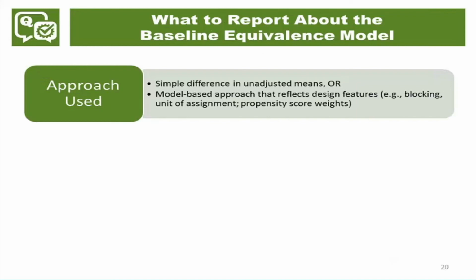That's another approach that you can use to calculate the baseline mean difference, and in fact, we recommend that you do so, that you calculate the baseline mean difference using a modified version of the impact analysis model with the baseline measure as the dependent variable, and then model adjustments for assignment strategies like blocking and clustering.